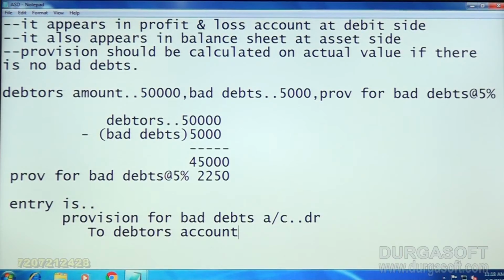In this way we need to calculate provision for bad debts.